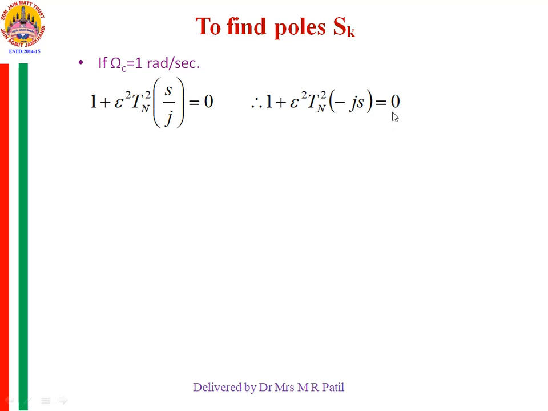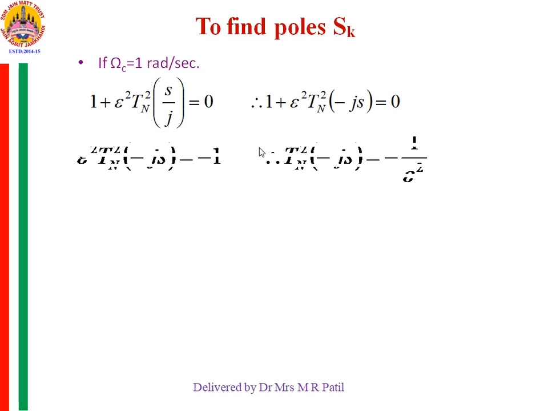I take this 1 to this side, so it will become minus 1, and epsilon square also to that side. So, you will get Tn square of minus Js is equal to minus 1 by epsilon square.